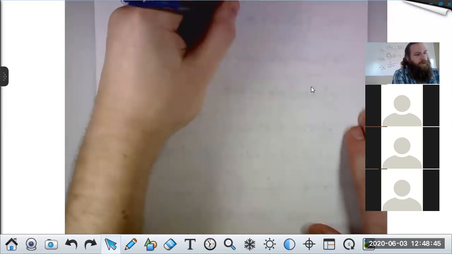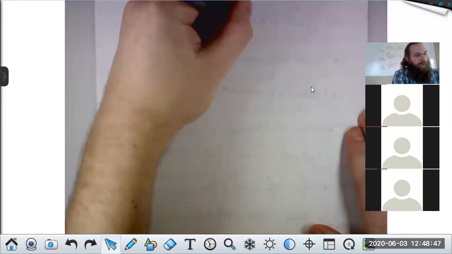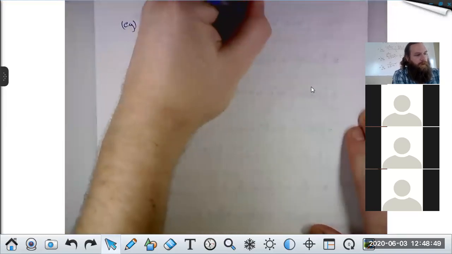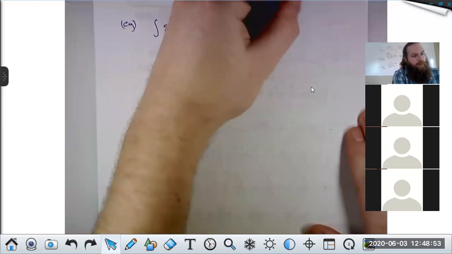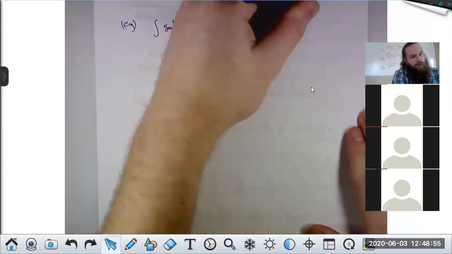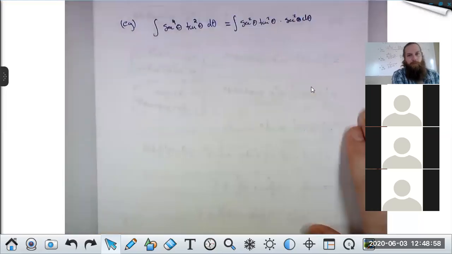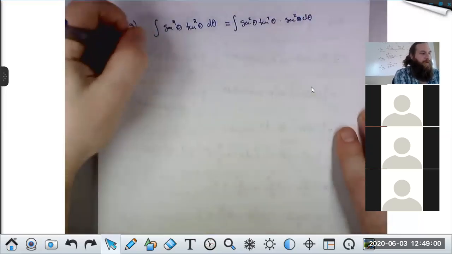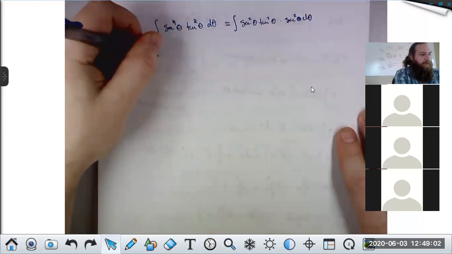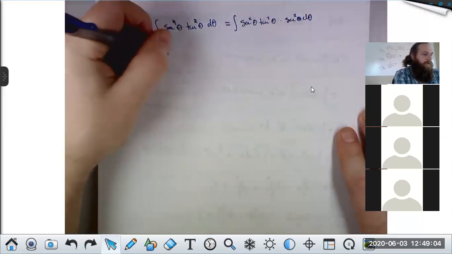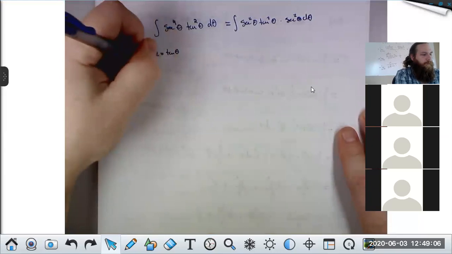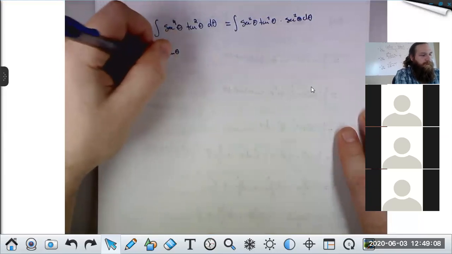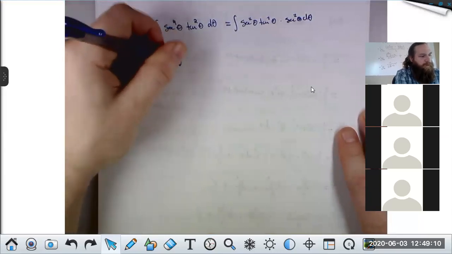So I'll set aside 2 copies of secant. That'll give me secant squared theta, tangent squared theta times secant squared theta d theta. I do that so I can let z be tan theta, which means dz is secant squared theta d theta.